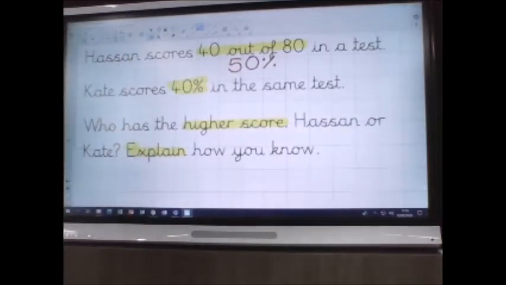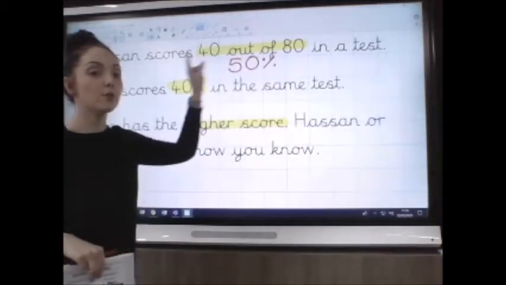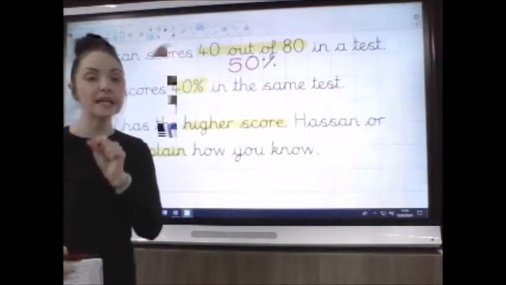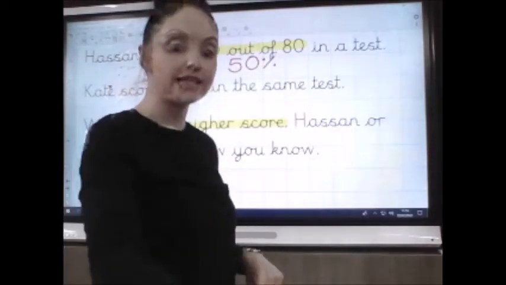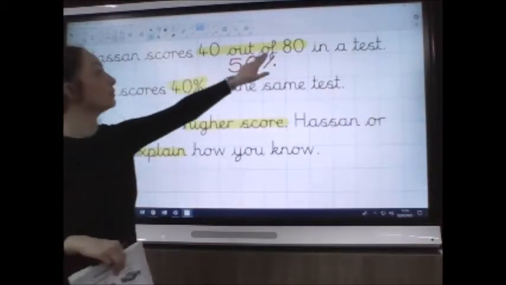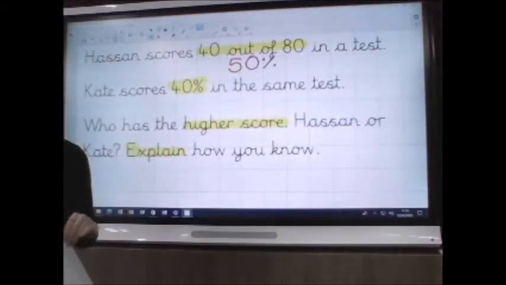Okay, so who has got the highest score? So we know it's out of 80. So work out what 40% of 80 is. Because we want the highest score, not the highest percentage. Okay, so you need to work out what Kate's score is. So find 10% of 80 and multiply it by 4, and that will give you Kate's score.